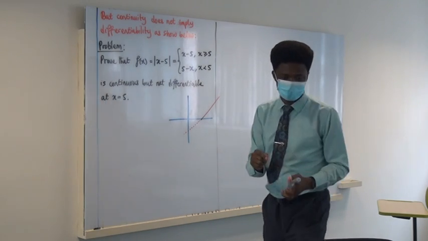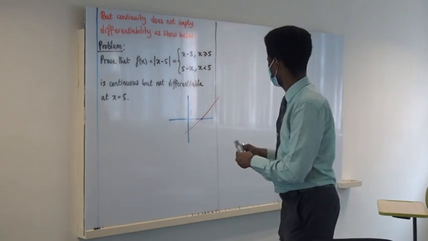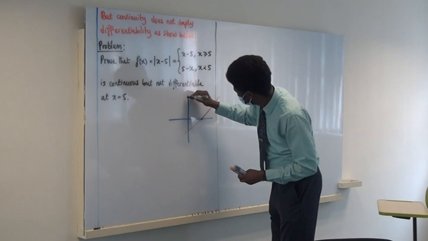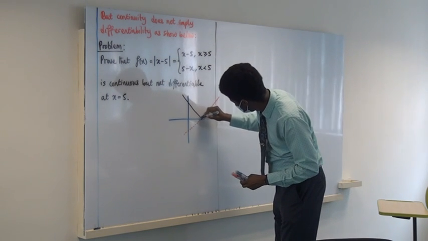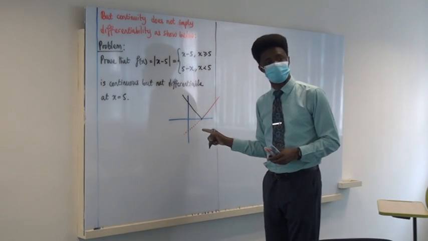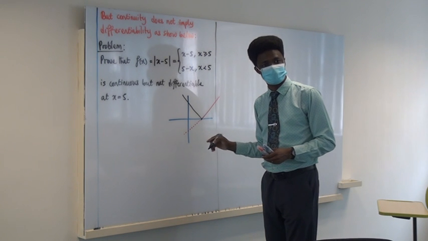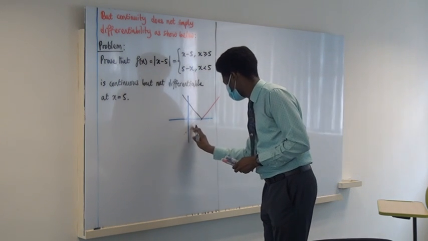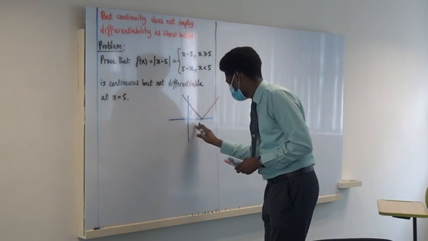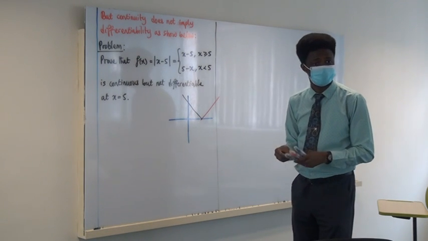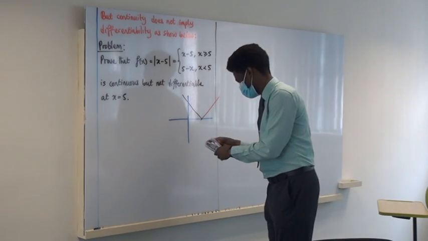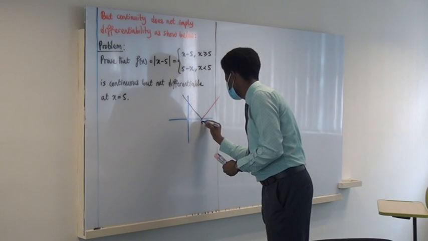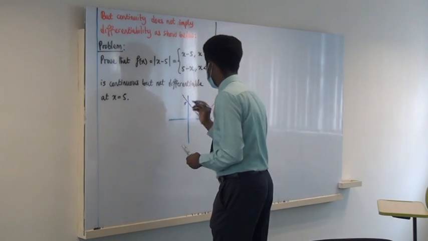I'm going to draw the other one in a different color. Then it doesn't touch x equals 5. Understand? And this is not part of the sketch, it's just for us to be able to imagine. So this point is 5. This point is 5.